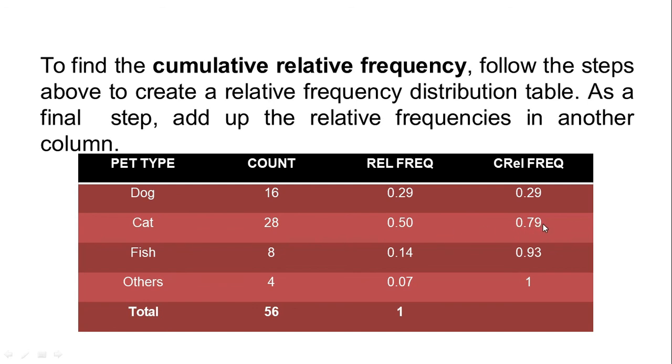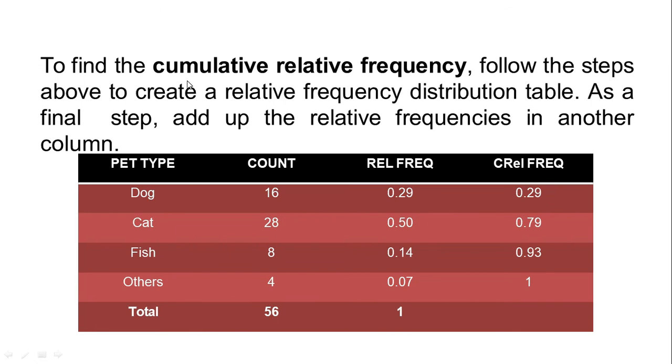When you add 0.79 plus 0.14, you will get 0.93, and on addition of 0.93 to 0.07, you will get 1. So this is cumulative relative frequency.